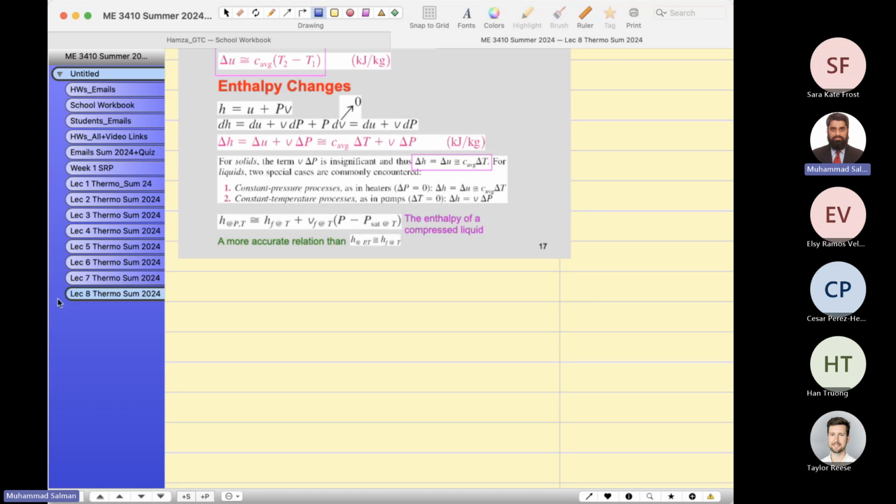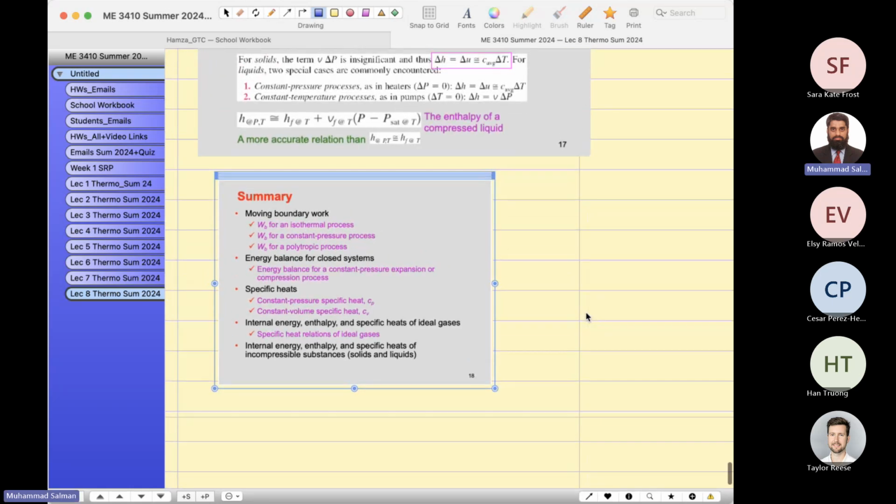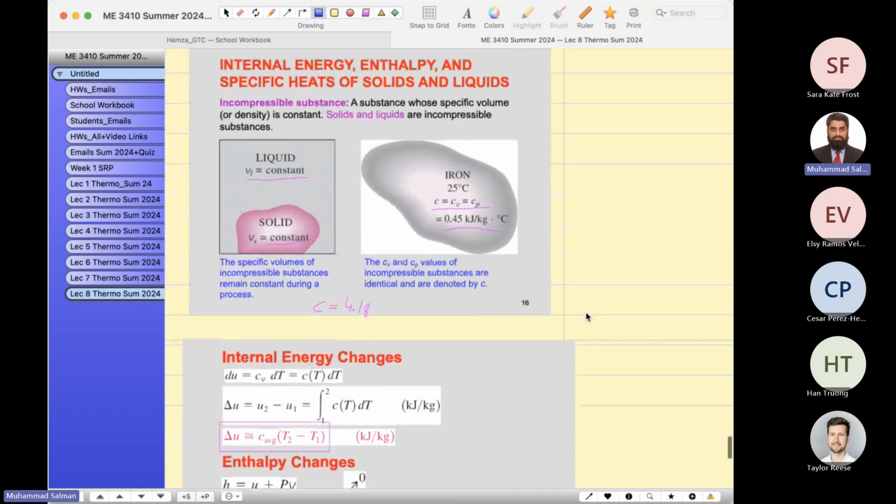Okay, we have finished all the slides of chapter 4, and I have solved a few problems today. Let's do some more problems to practice these formulae.